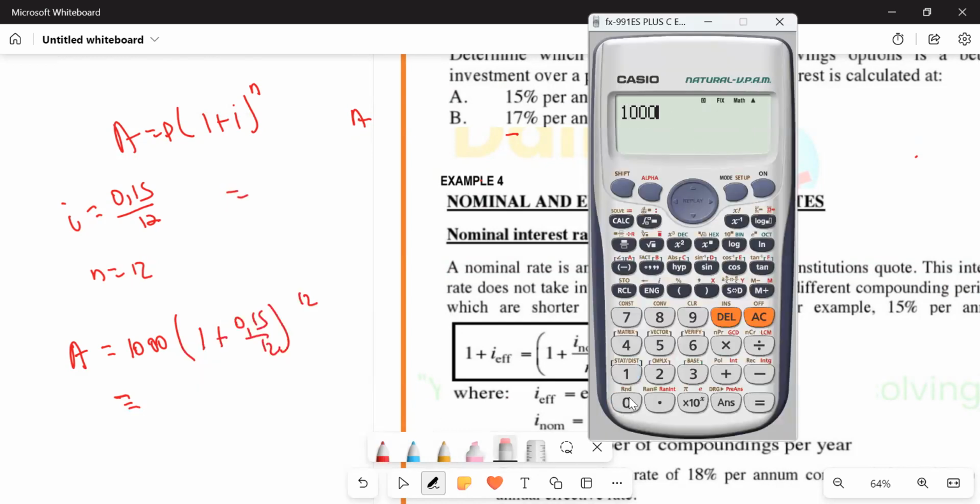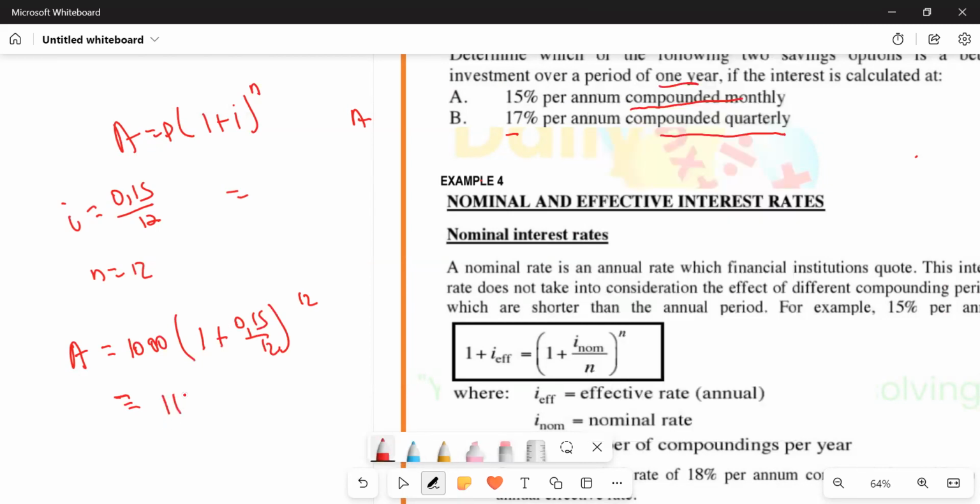So we have 1,000 times 1 plus 0.15 divided by 12, to the power of 12, and then we get 1,106.75. Okay, this is in rands.